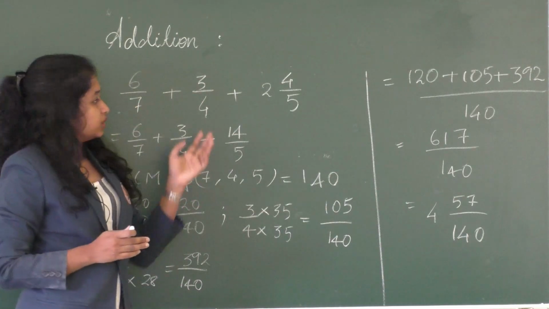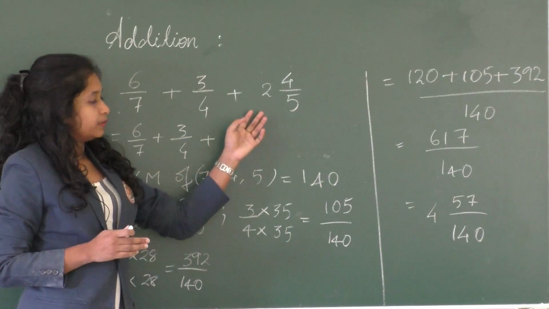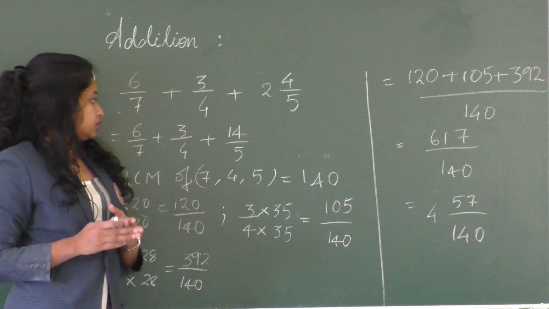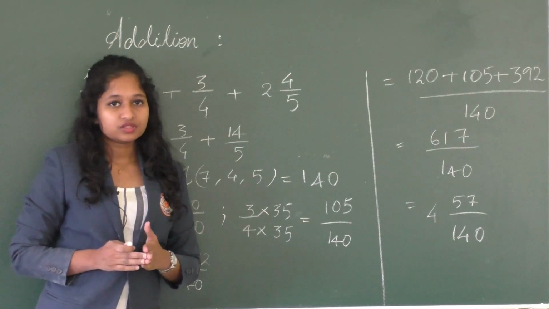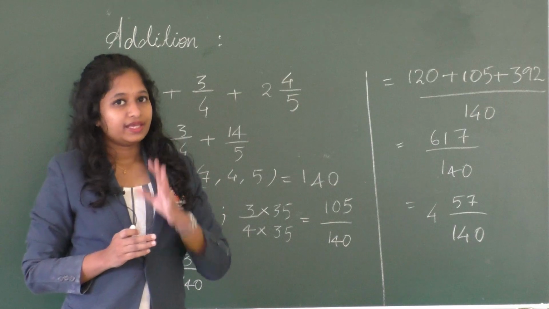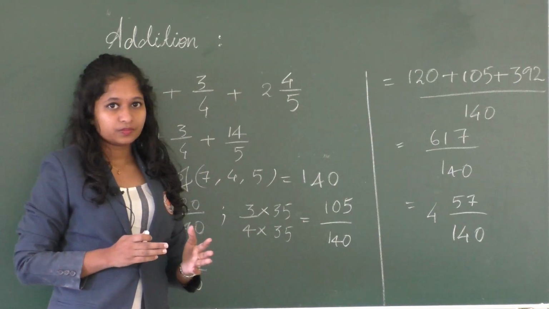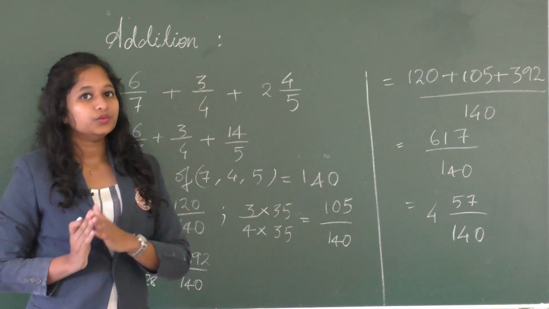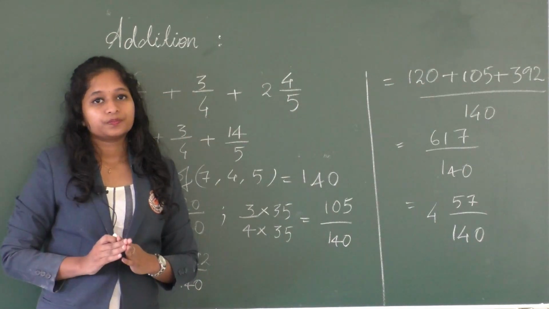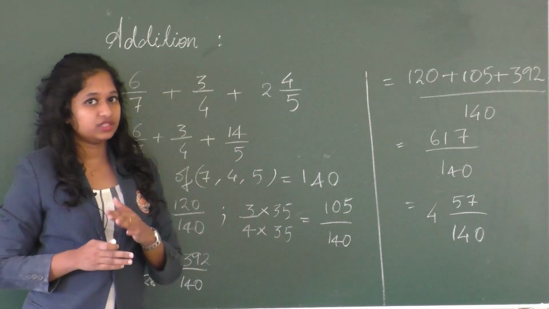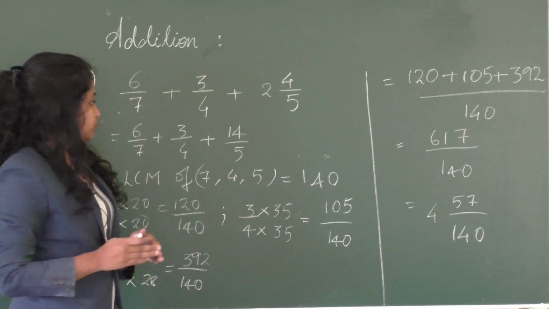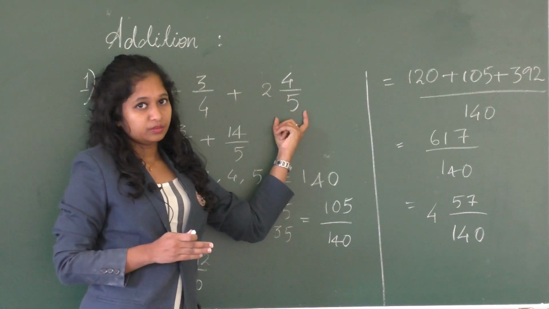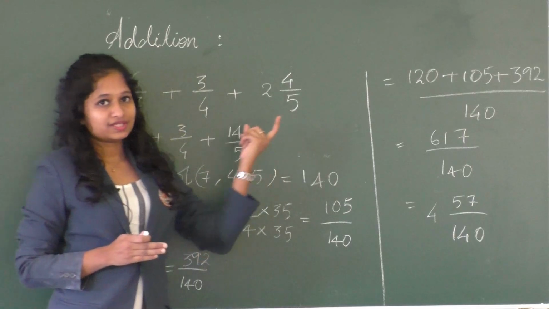6 by 7 plus 3 by 4 plus 2 4 by 5. What you have to do first is find the LCM of the denominators and then convert all the fractions to like fractions and then add as we did earlier. Okay? Here this is in mixed form, so let's convert it.